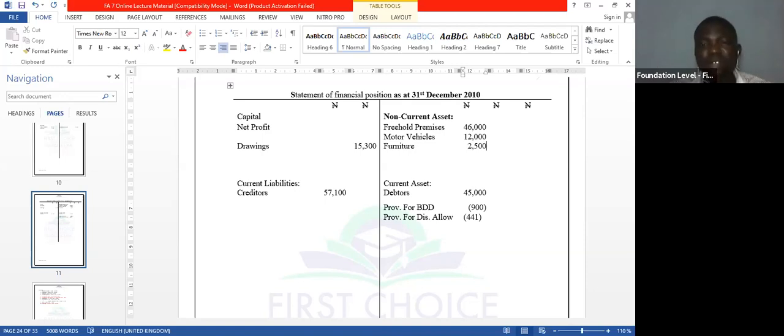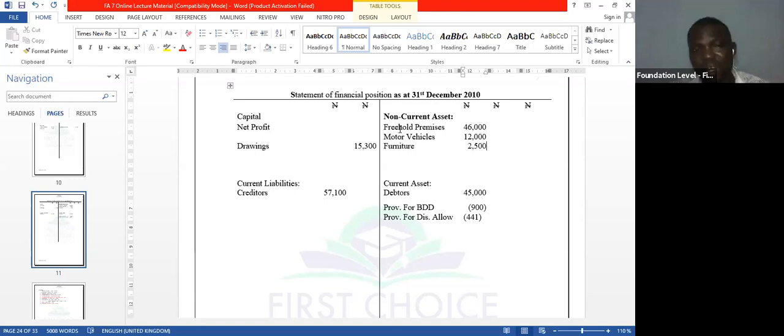Now this provision, I said, is an allowance, or accumulated depreciation for motor vehicle. It means that at the beginning of the period, the total depreciation on that motor vehicle is 4,500. At the beginning of the year, it was 4,500.